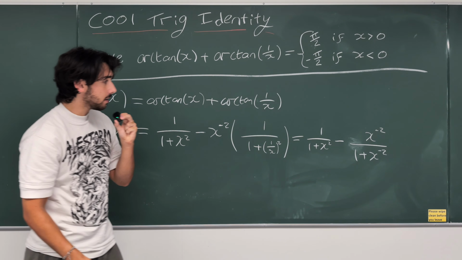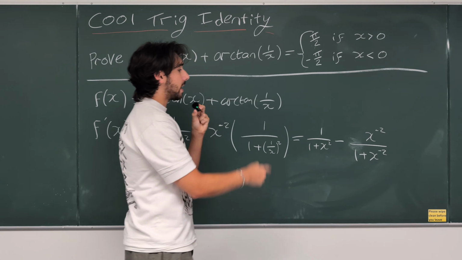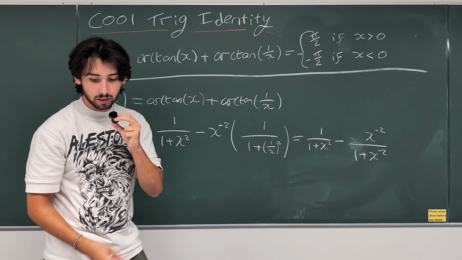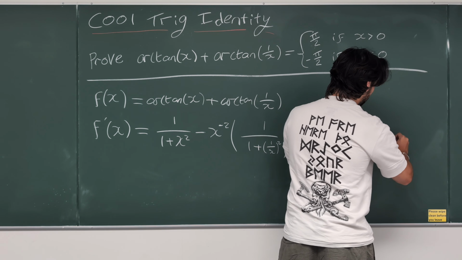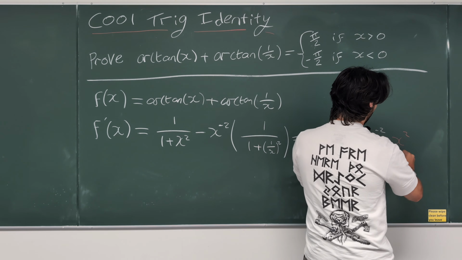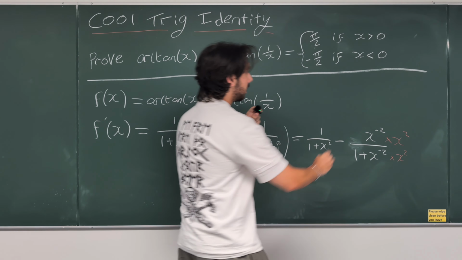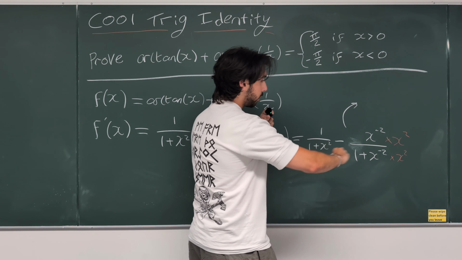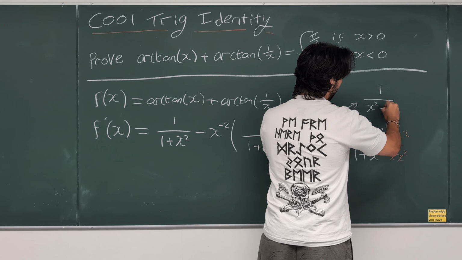Hopefully that makes sense. And if we multiply the numerator and denominator of that second fraction by x squared, you can see that this whole thing becomes 1 over x squared plus 1.